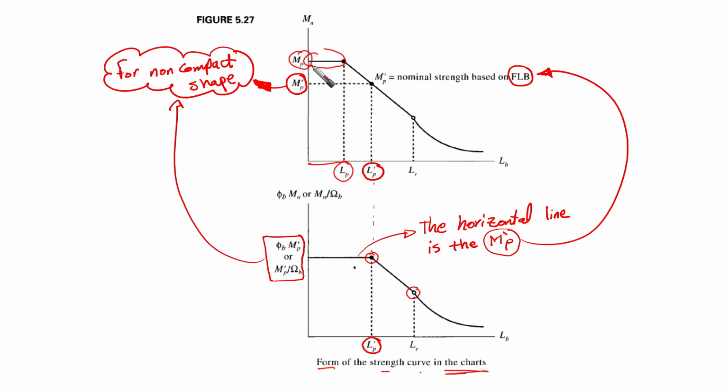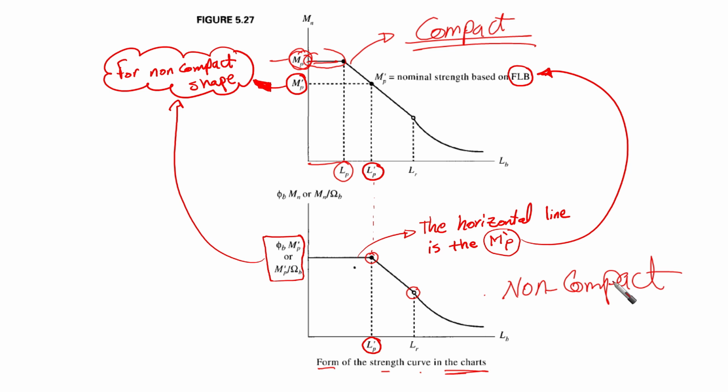So if the shape is compact, then this horizontal line represents MP. But if the shape is non-compact, as in this case here, the horizontal line is going to give us the flange local buckling strength for this shape.